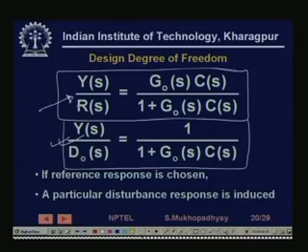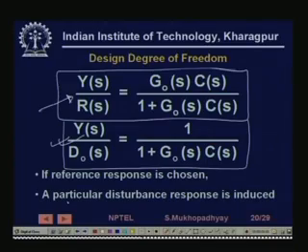So you have only 1 degree of freedom, you can only set the response to one variable. Or vice versa, if you are choosing CS to get a particular reference response, then your disturbance response is decided.